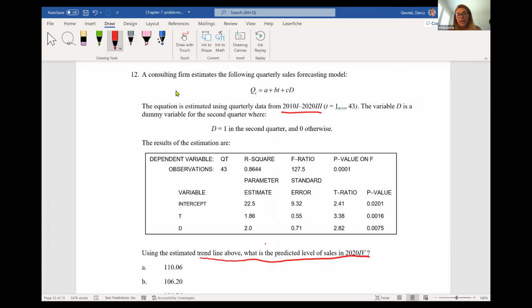So it's this data set, right? Labeled starting from 2010 first quarter, first unit, and the third quarter of 2020 was labeled as the 43rd observation for this variable t. Okay, so then fourth quarter, the next period of 2020, is the 44th observation.